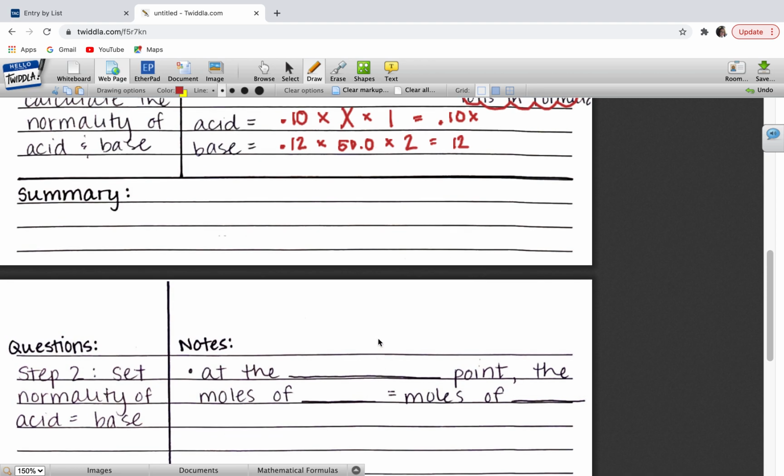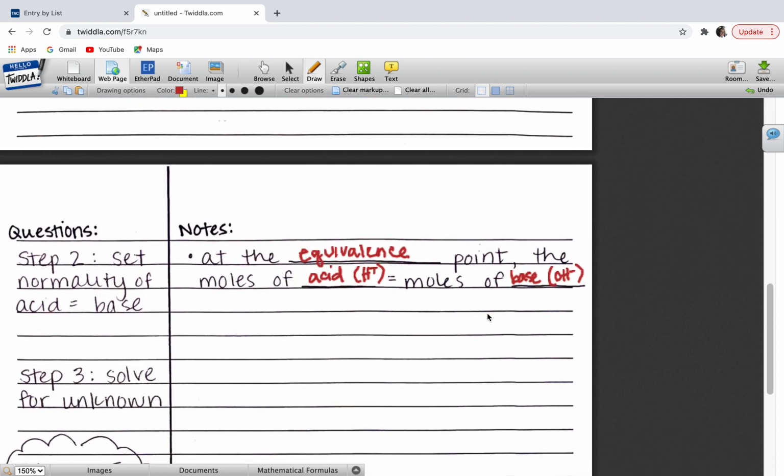Now the important idea that we talked about is that we're trying to get to the equivalence point. And one more time, at the equivalence point, my moles of acid, which is my H plus, has to be equal to my moles of base, which is that OH minus hydroxide. So what we're going to do is set the normality of our acid equal to the normality of our base.